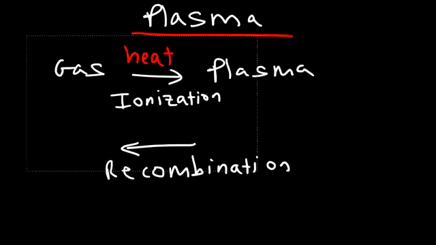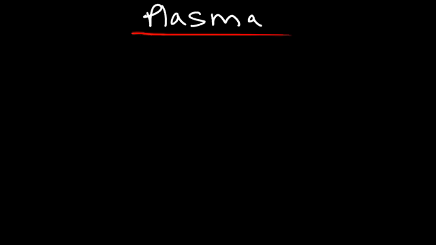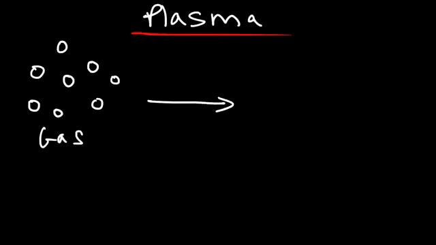So let's say we have a bunch of gas particles just floating in the air, and we're going to heat them up. Now, if you heat them to a very high degree, eventually some of the electrons in these atoms will be stripped off the atoms. And so basically, you're going to have ions with a positive charge.